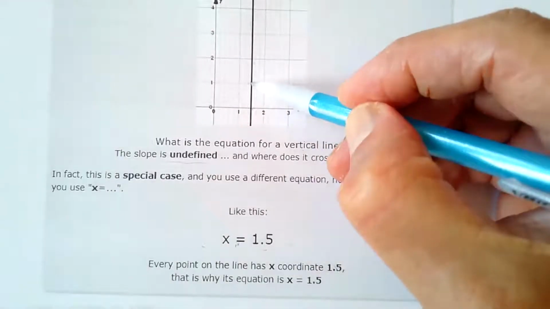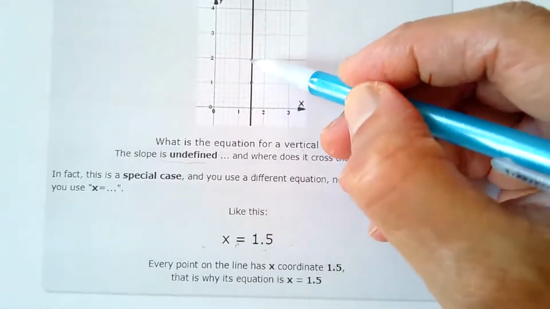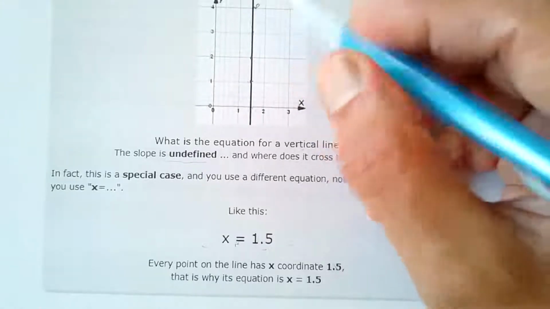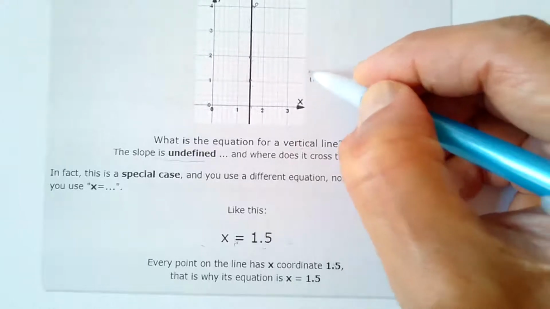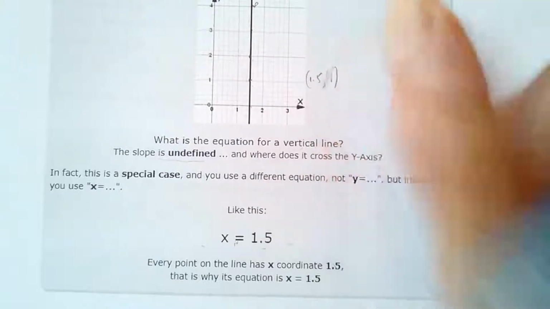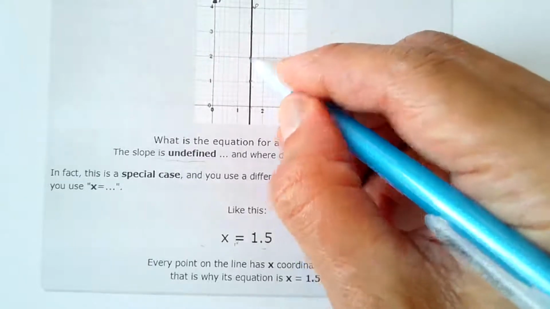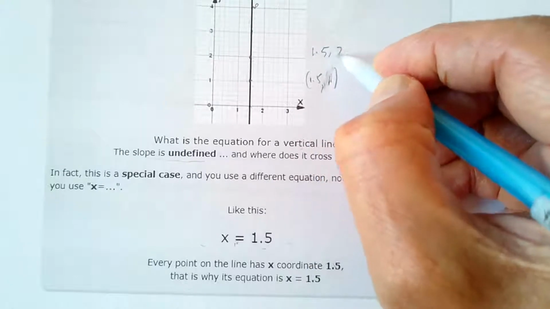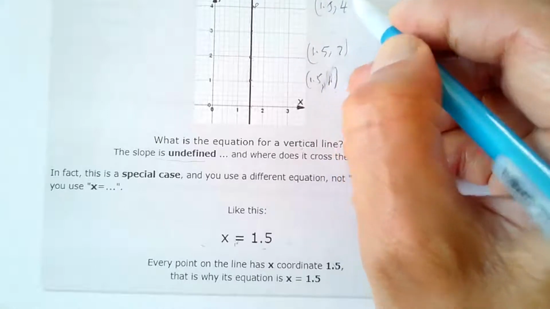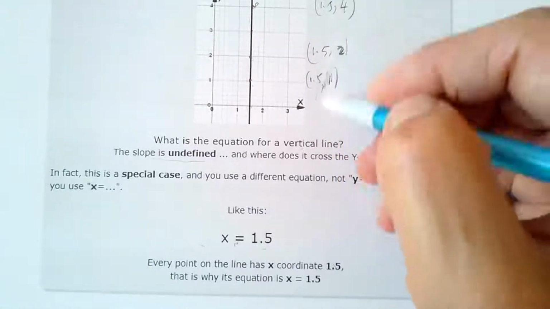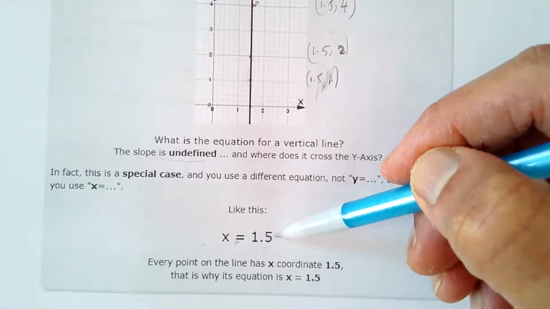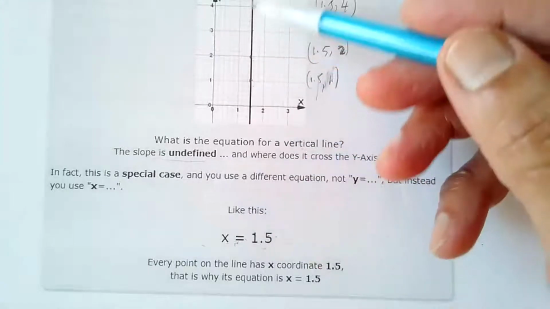So if I go find these points here, x is 1.5, y is 1; x is 1.5, y is 2; x is 1.5, y is 4. Notice what's consistent: your x is 1.5. That's why this can be written as x equals 1.5. That's the equation of this line.